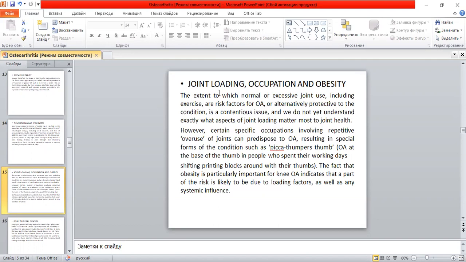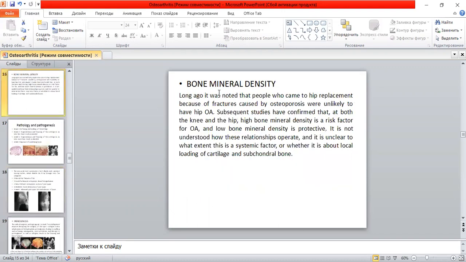However, certain specific occupations involving repetitive overuse of joints can predispose to osteoarthritis, resulting in special forms of the condition, such as Picker's thumb, osteoarthritis at the base of the thumb in people who spend their working days shifting printing blocks around with their thumbs. The fact that obesity is particularly important for knee osteoarthritis indicates that a part of the risk is likely to be due to loading factors as well as any systemic influence.